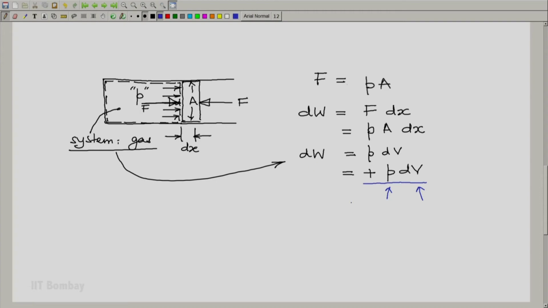So this is an example of a two-way work interaction. It is possible for the system to expand and do work on the piston. It is possible for the piston to move into the system, compressing the system, and hence the work done by the system will be negative.